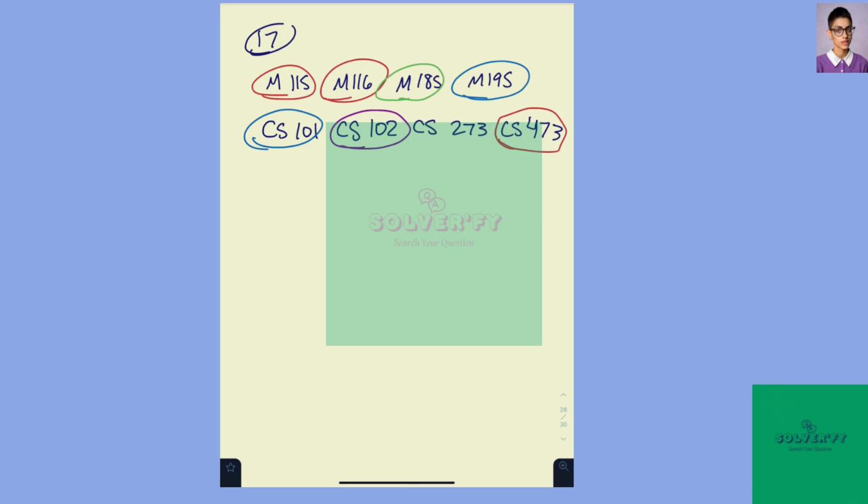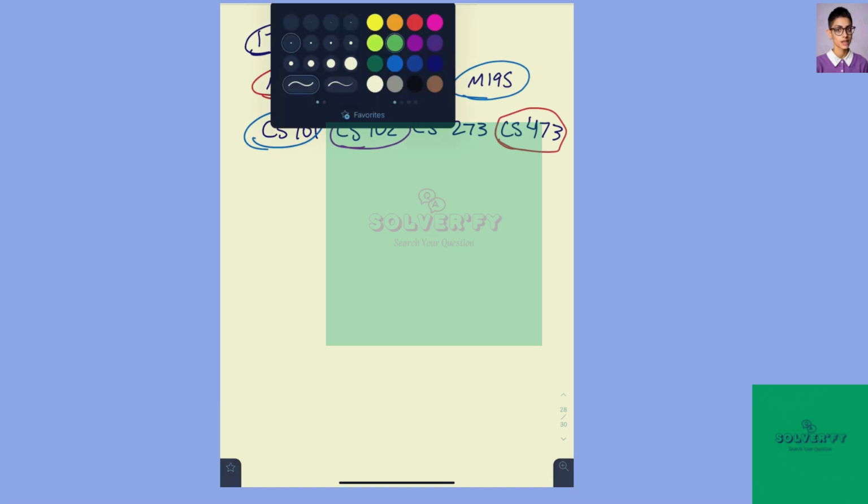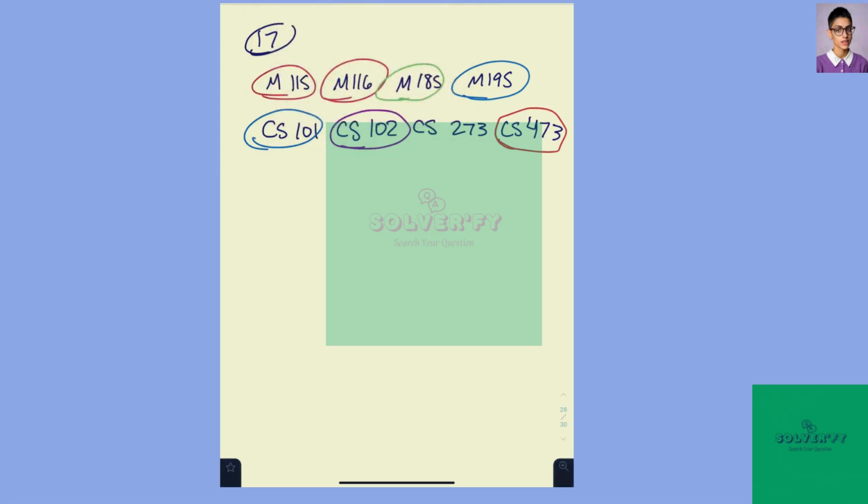Then we also see that 273 will have to stand on its own as well. So we get this one right here.